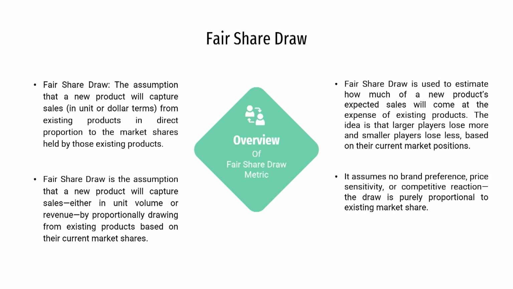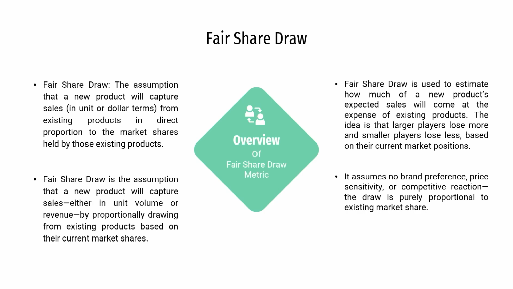Fair share draw is the assumption that a new product will capture sales, either in unit volume or revenue, by proportionately drawing from the existing products based on their current market shares. It assumes no brand preference, no price sensitivity and no competitive reaction.